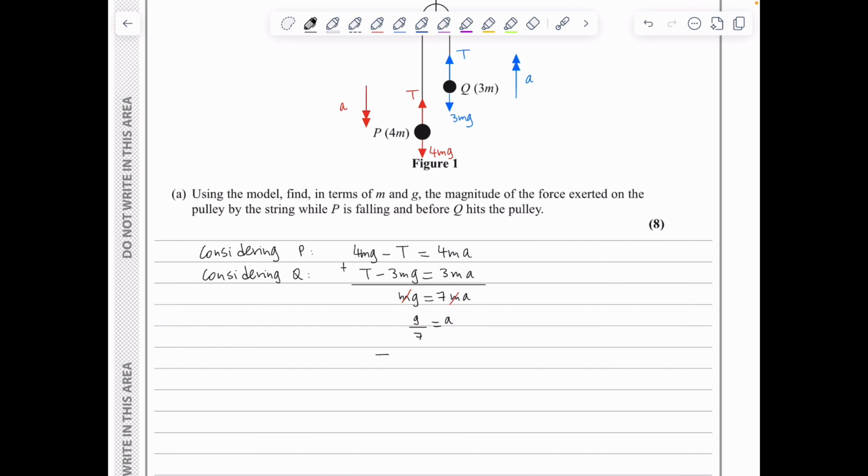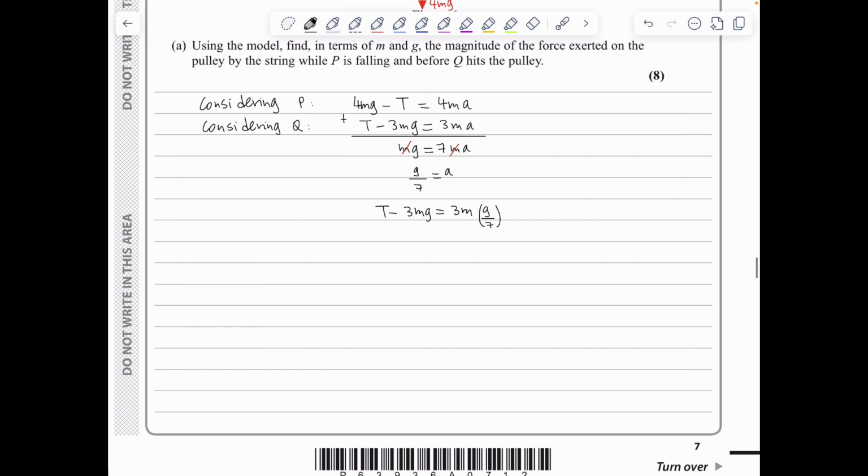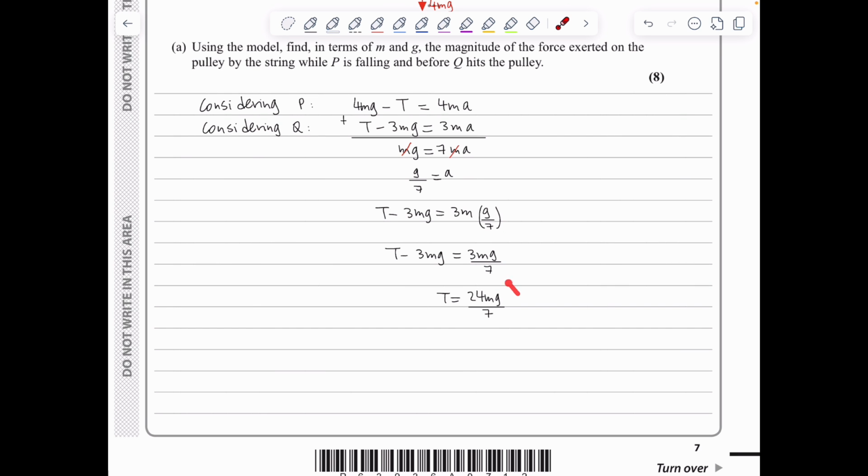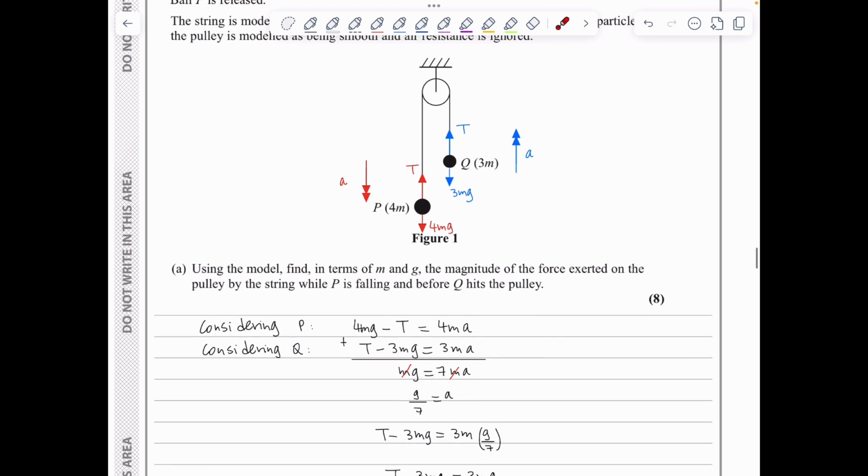So the tension minus 3mg is equal to 3m times the acceleration, which we just found to be g over 7. So T minus 3mg equals 3mg over 7, and therefore T is equal to 24mg over 7.